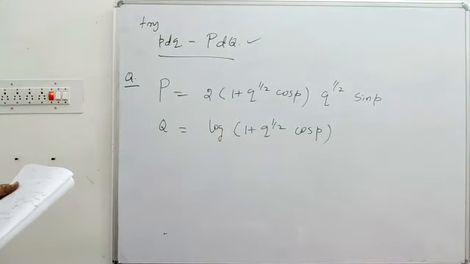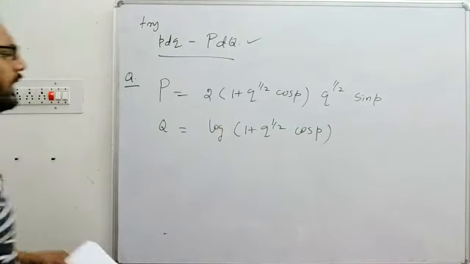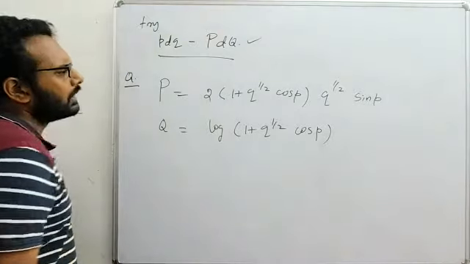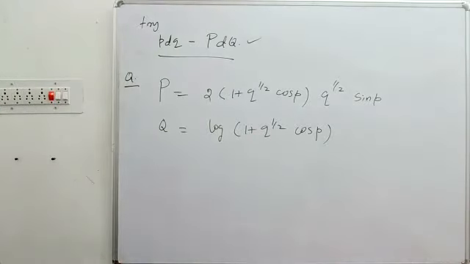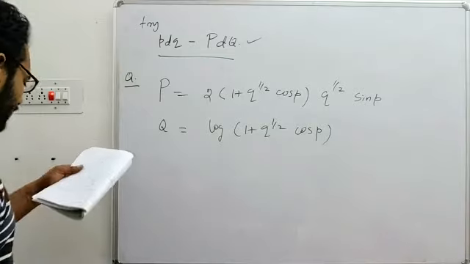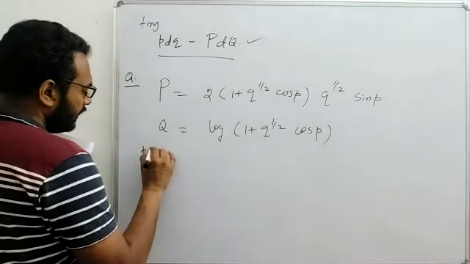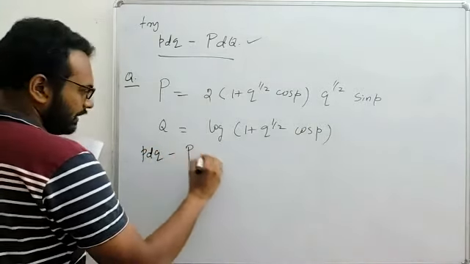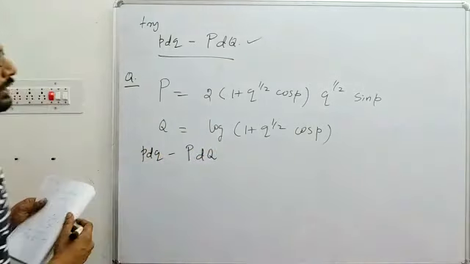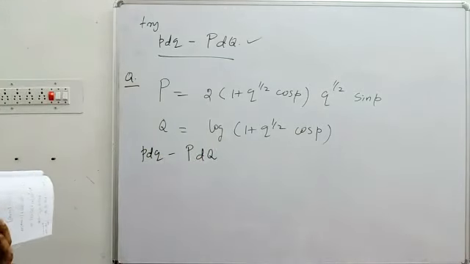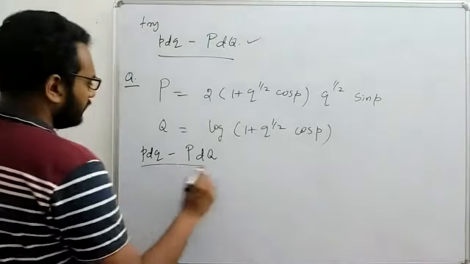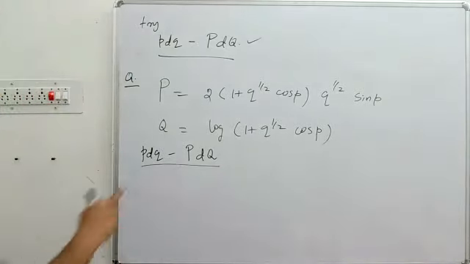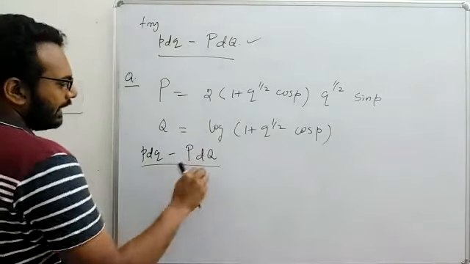How do we do this? We already did one problem with the Poisson bracket. You could try this with the Poisson bracket. We can also try whether P dq minus capital P dQ is a perfect differential. All right, so we can try this. P dq will keep it like that. We have P and capital Q.